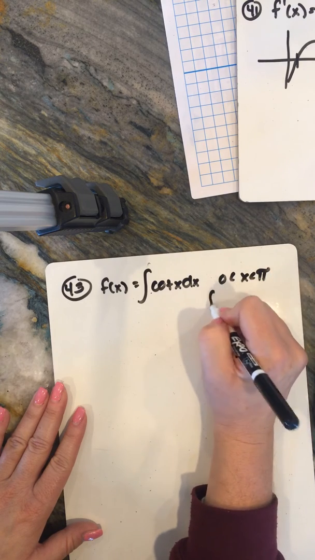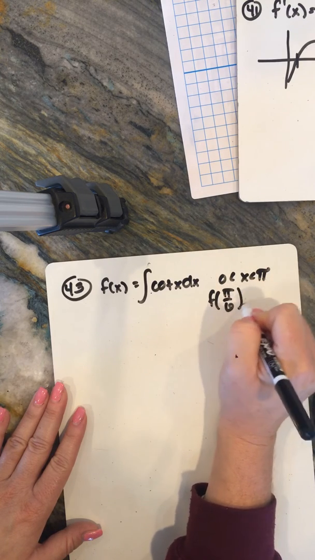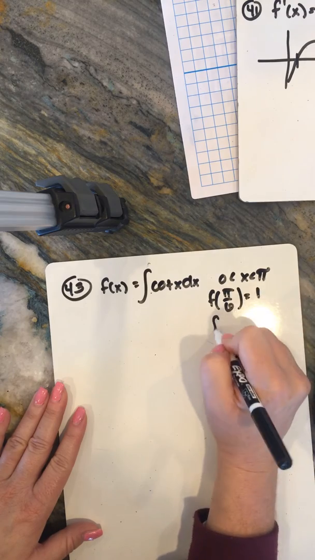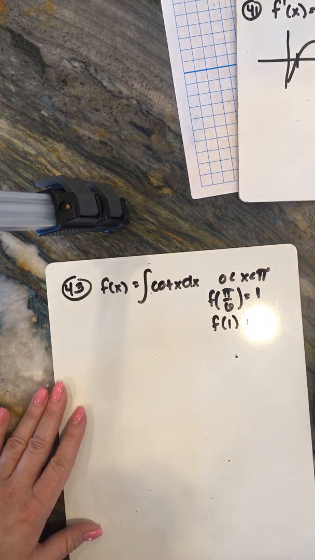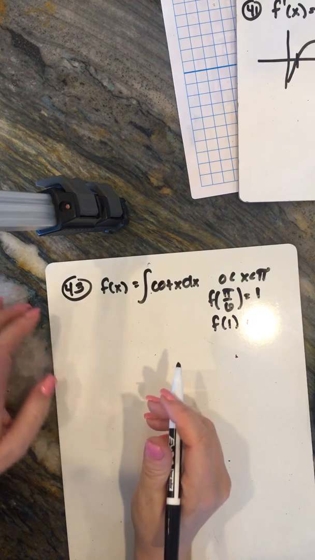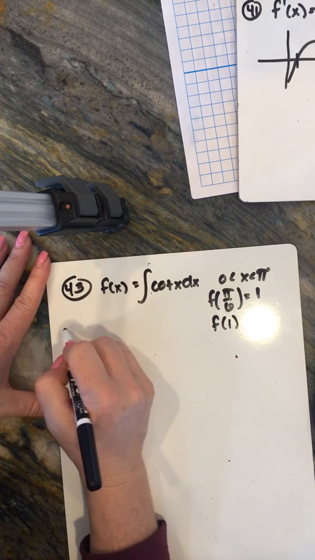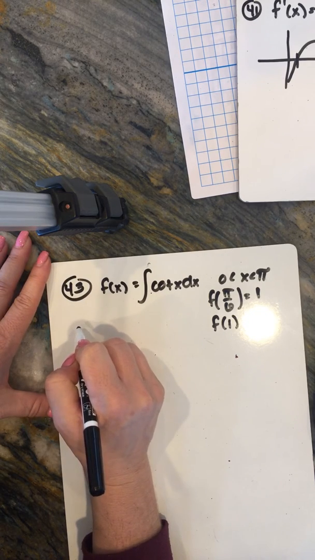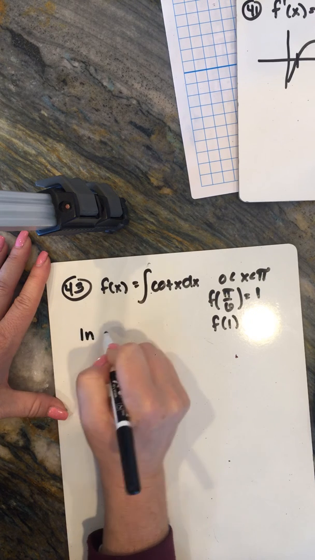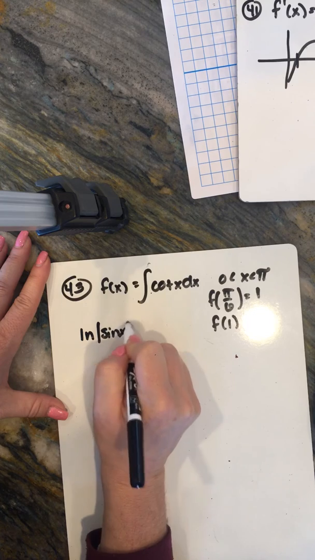And they give you that f of pi over 6 equals 1, and they want you to find f of 1. So the integral of the cotangent, that would be ln of the absolute value of sine x plus c.